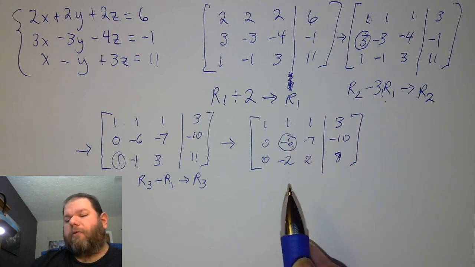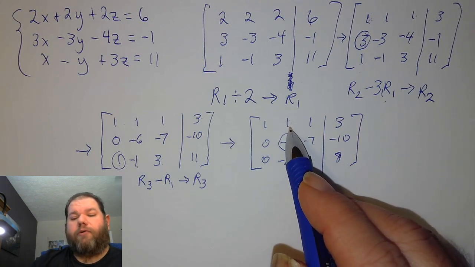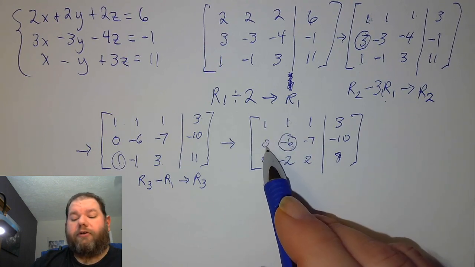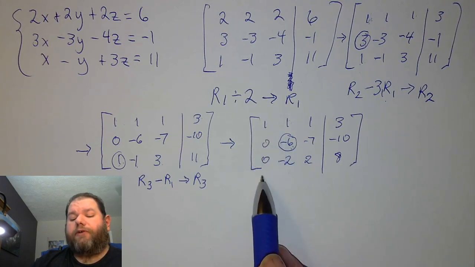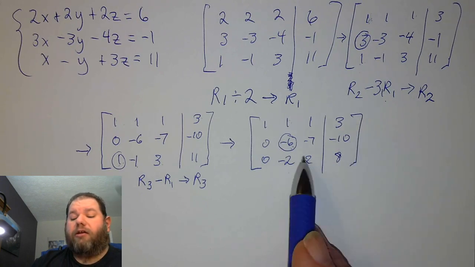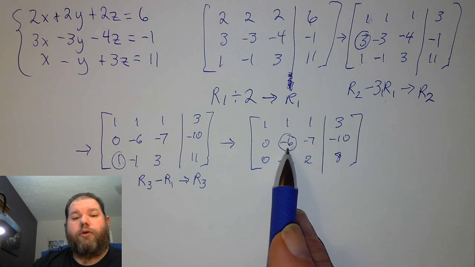But here's the problem. If we start adding row 1 to row 2, we're going to change this 0 that we already worked so hard to make a 0 in the first place. So once we get the first column straight, we don't want to use row 1 for anything. So we just want to work with row 2 and row 3 and get a 1 right there.